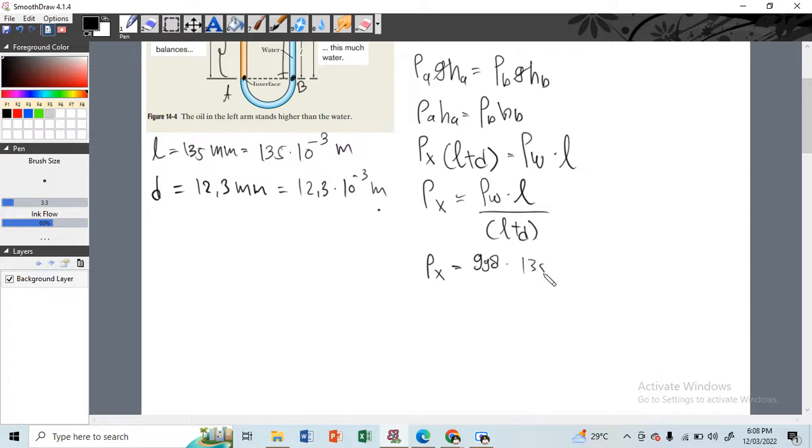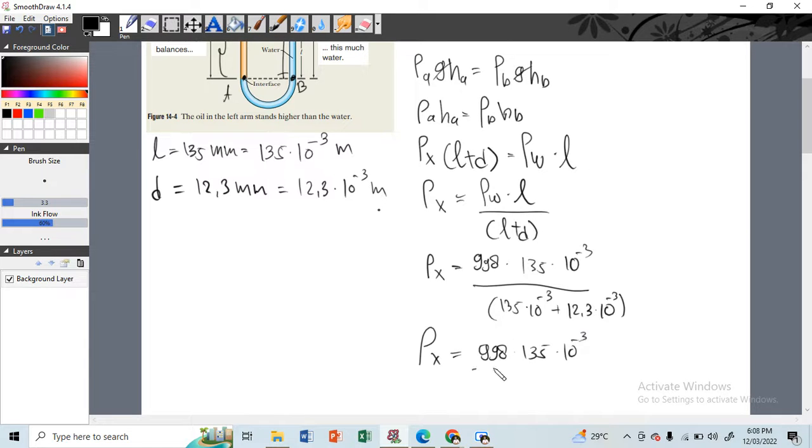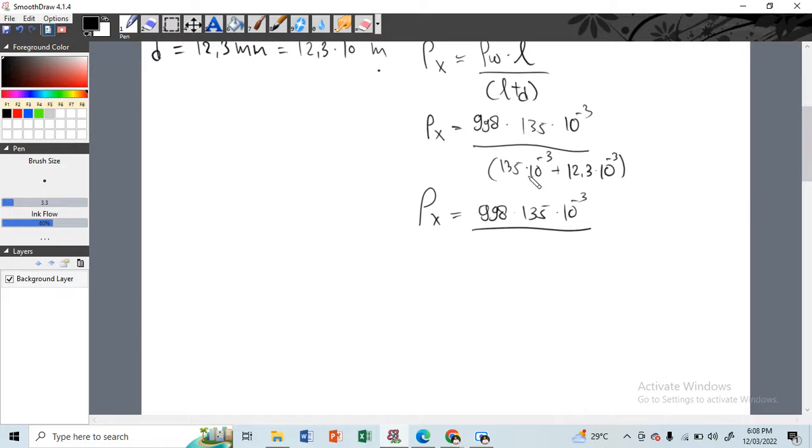Rho x is equal to 998 times 135 times 10 to the power of minus 3, divided by 135 times 10 to the power of minus 3 plus 12.3 times 10 to the power of minus 3.